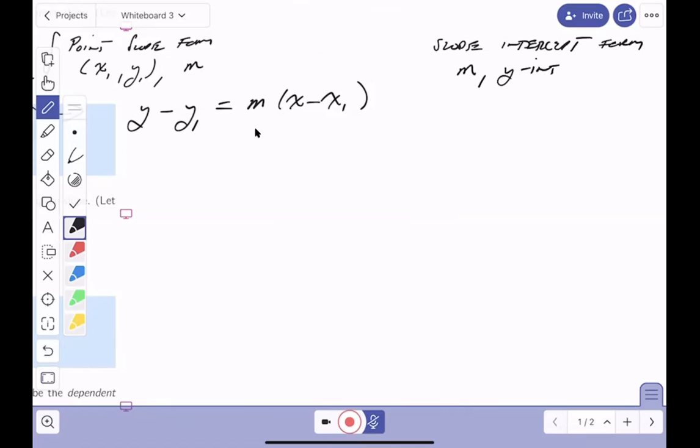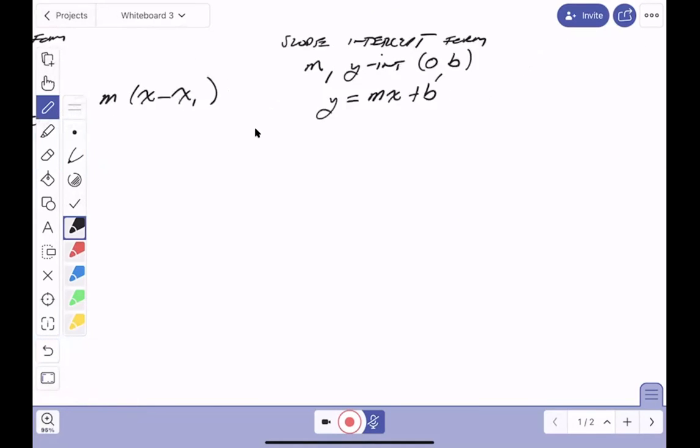I want to emphasize, a lot of people think they're being given the y-intercept when in fact they have not been given a y-intercept. The y-intercept is the point where x is 0, and we're just going to call it arbitrarily b, lowercase b. If I have the slope and the y-intercept, it's easy to write down: y equals mx plus b.